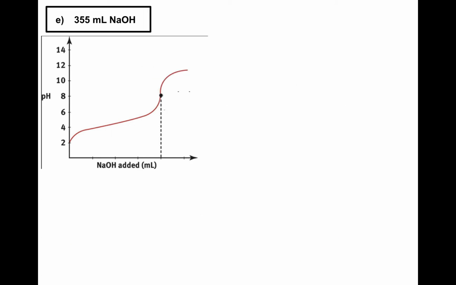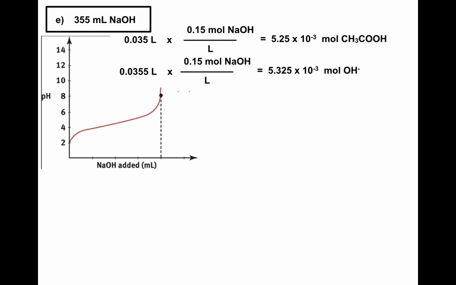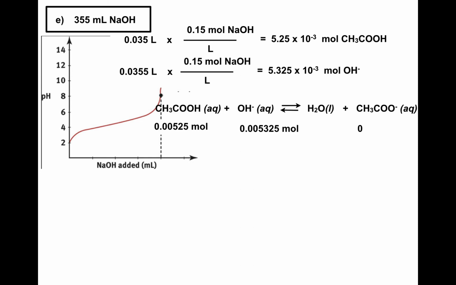E, past the equivalence point. All right, so I've added enough. It's 35.5 milliliters, not 355 milliliters. We've added 35.5 milliliters of the hydroxide. So now acetic acid is the limiting reactant.